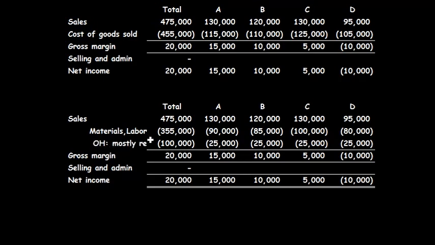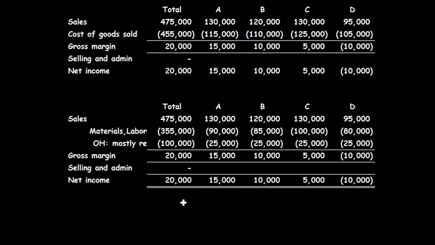You can't really see my full word here, but next to overhead, this would say that's mostly rent, because remember, most of the manufacturing overhead actually related to rent paid on the facility and on the equipment. So the $355,000 and the $100,000 here are the same as this $455,000 up here. But now we've got a little bit more detail as to the types of costs in this income statement.